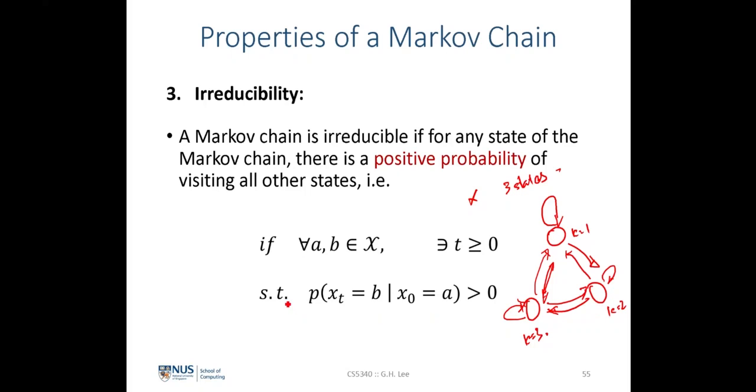And we simply write this as: for any states a and b in the state space, for any time step t more than or equal to 0, the probability that x at time t takes a state of b, conditioned upon having started off with a state of a, must be more than 0. This means that from any state I start off with, I must be able to transit to any state b.